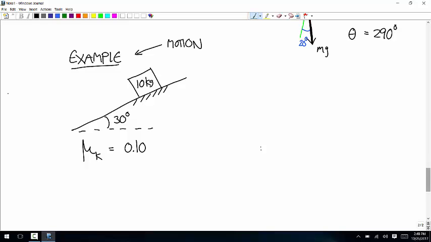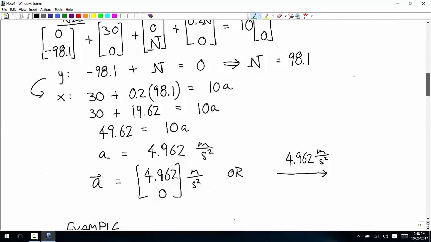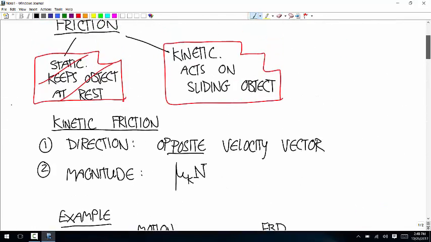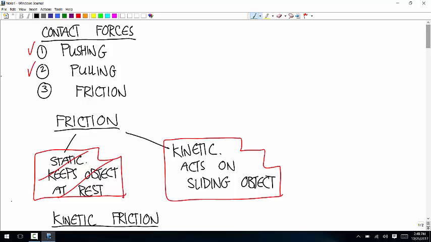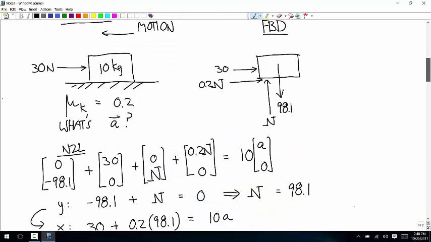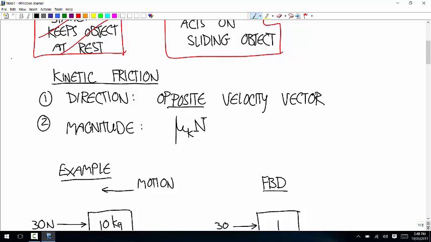So look at this equation that we use it for and tell me what the units are. The friction force magnitude is equal to the coefficient times N. So what are the units of the friction force? Newtons, it's a force. What are the units of the normal force? Newtons.